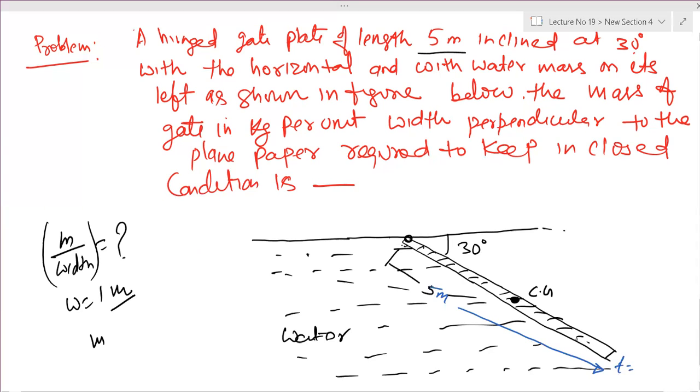The width, perpendicular to this, is 1 meter. This is the information you have. You have to calculate the mass per unit width of the gate plate so that it will remain in this condition.